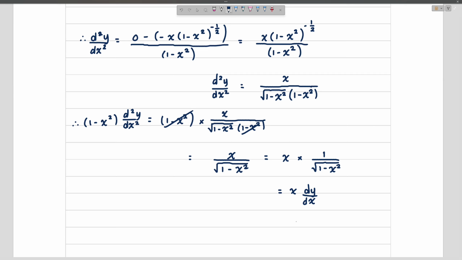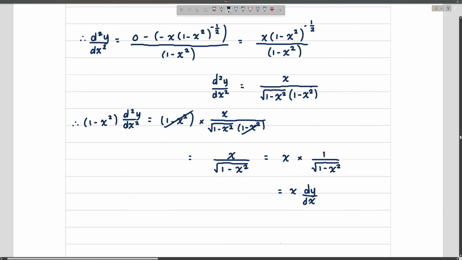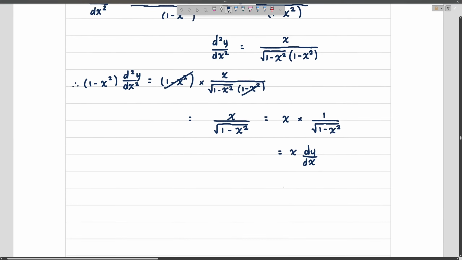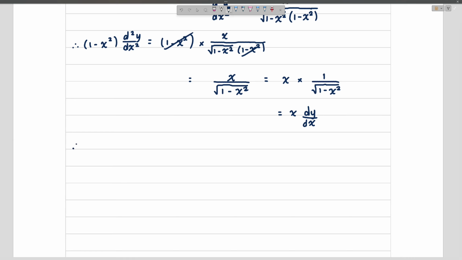And just notice then, given that 1 minus x squared times the second derivative is simply equal to x dy by dx, if we subtract that from this here, that would just be 0, right? So therefore, 1 minus x squared times the second derivative here, minus this here, because as we've just proved then, 1 minus x squared times the second derivative is just equal to x times the first derivative.